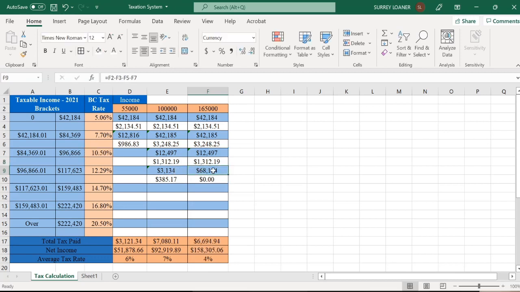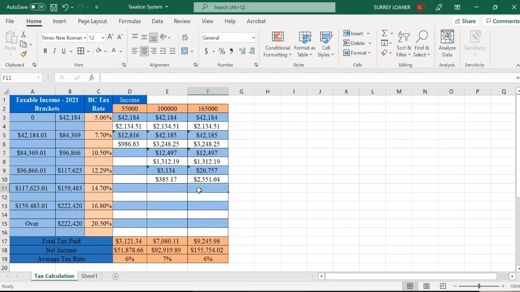And here we will see this amount minus this amount, so this minus this, so 20,757 is the amount here, is equal to this amount, and tax as per the bracket is 12.29%.